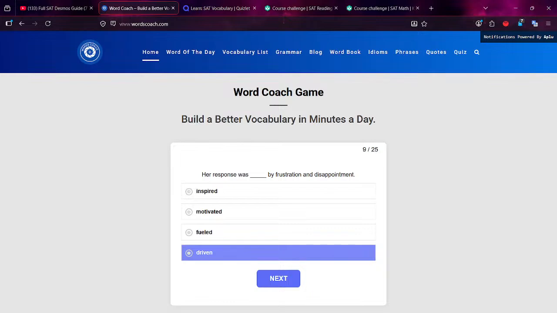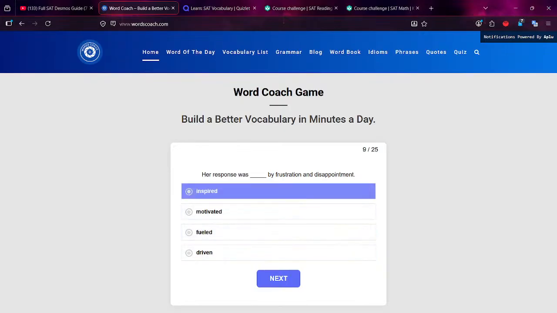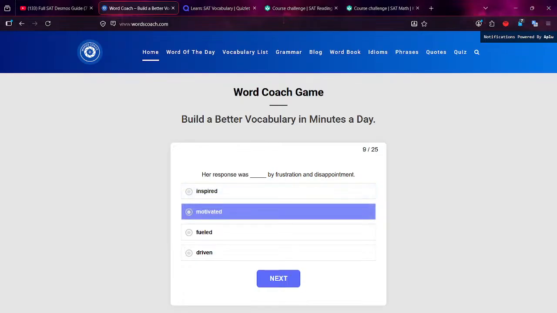I mean, if you think about it, all these words are sort of similar, so I'm finding it kind of difficult to do this. Her response was inspired. I don't think that's the case because if it's inspired by something, it would be like an inspiration, right? So motivated would be, her response was motivated by frustration and disappointment.